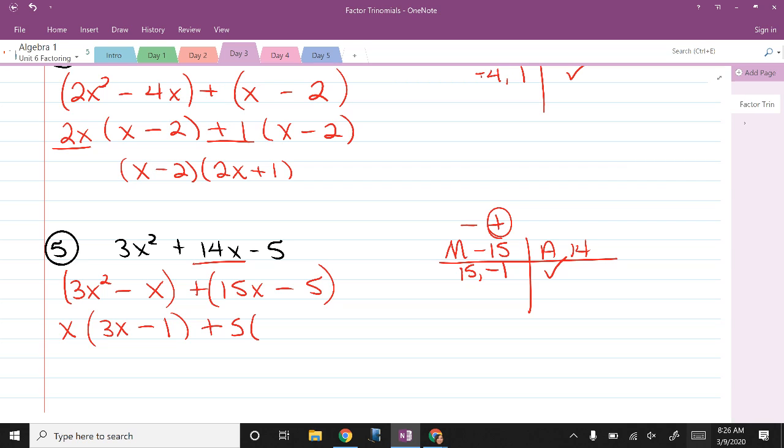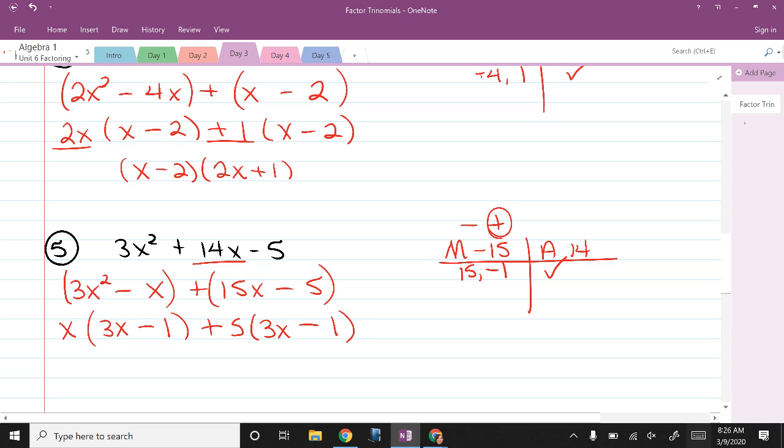What times 5 is 15x? 3x. Okay. Minus, what times 5 is negative 5? Yeah, negative 1.